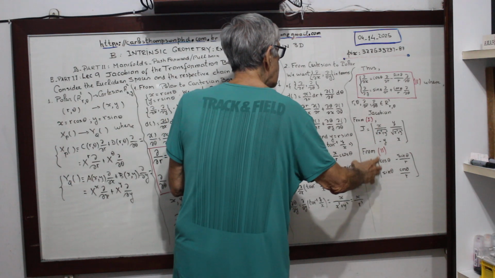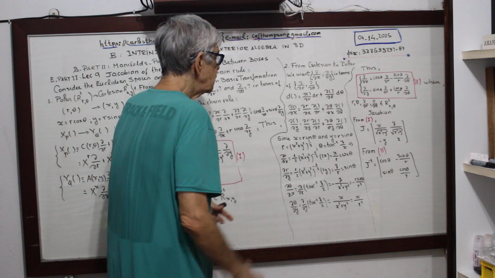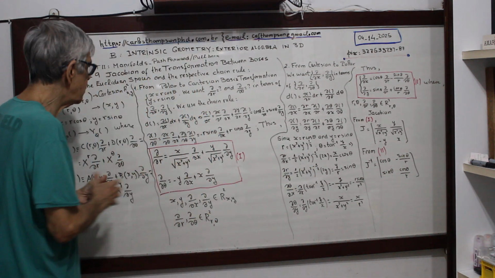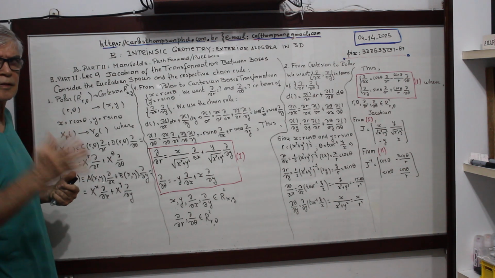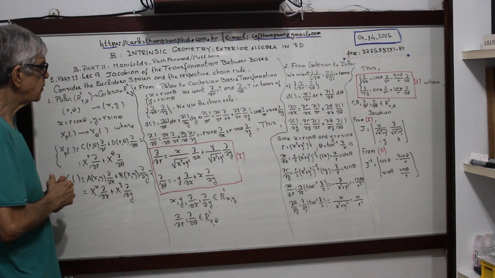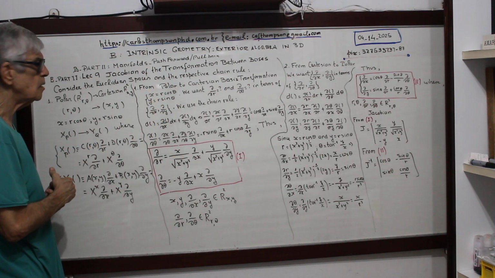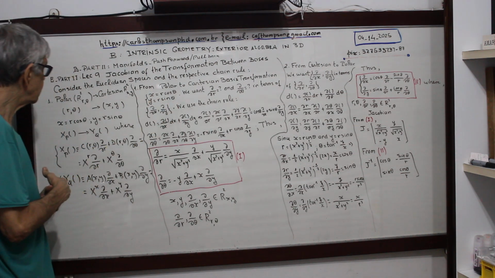That's why this is the inverse of this. Okay? That's it. That's quite clear. See? Just from calculus, and the chain rule, the differential of a function, in this case, it's 2-dimensional. Okay? That's it.